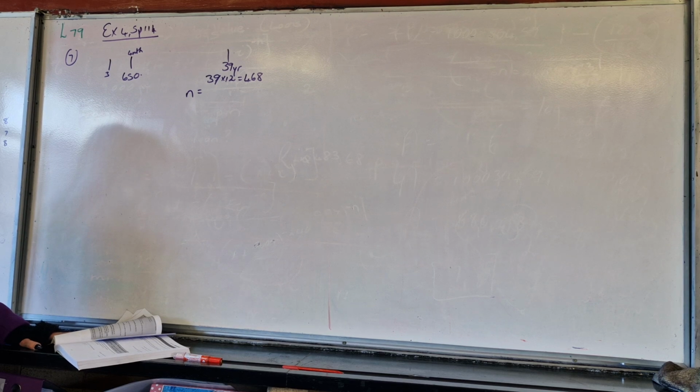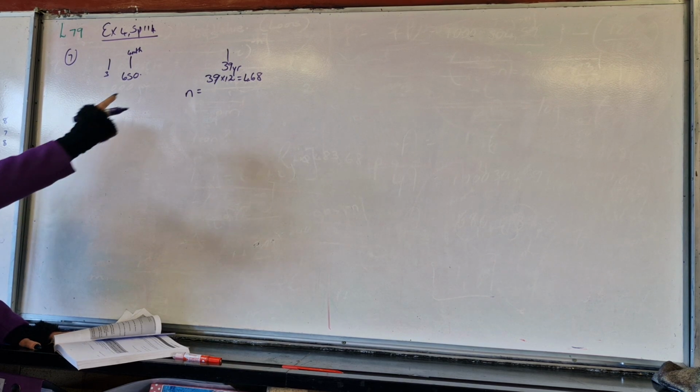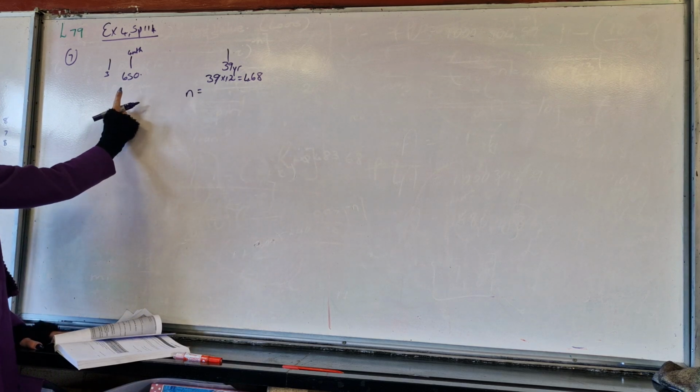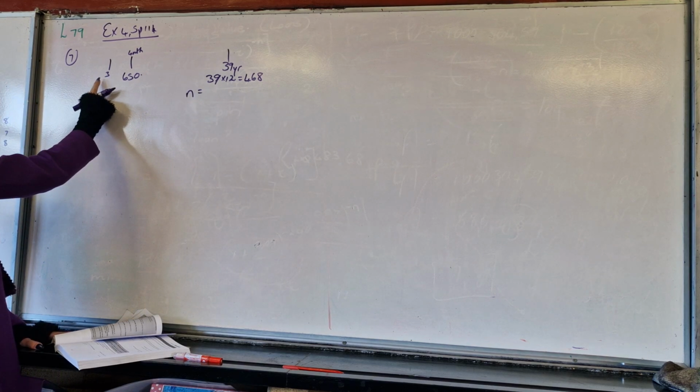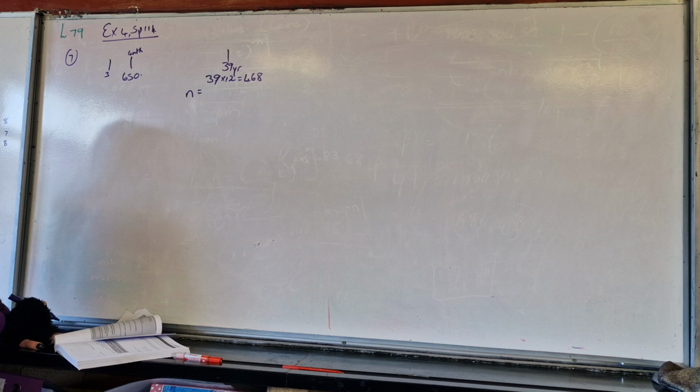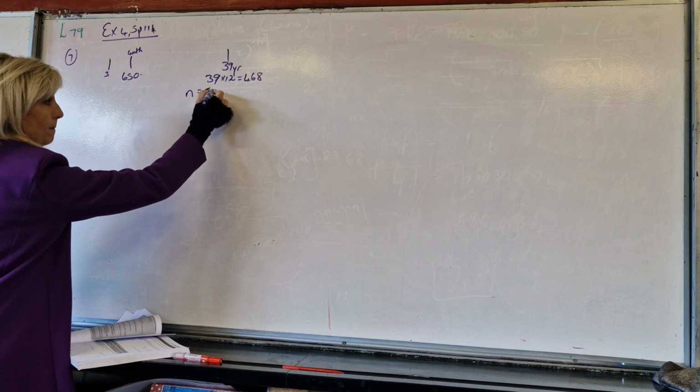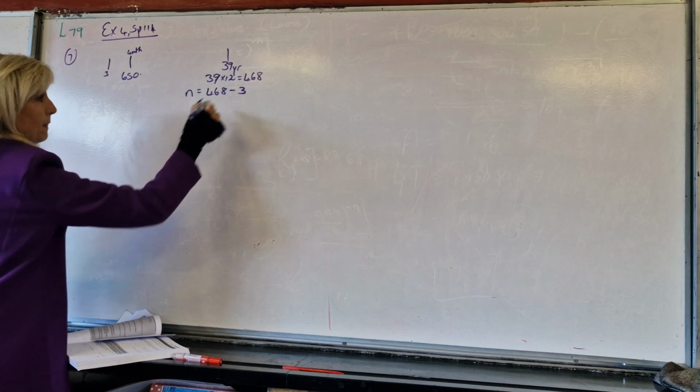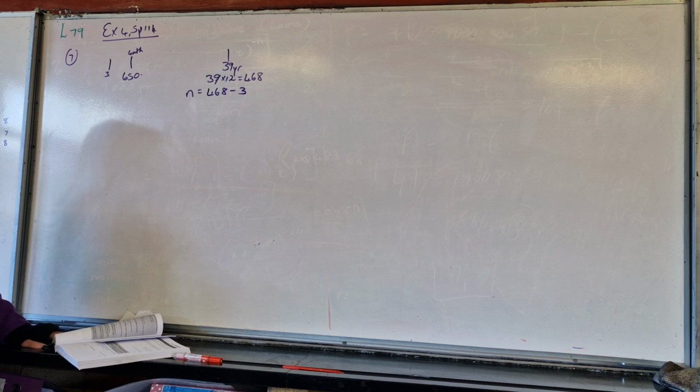You've got to say that it is 468 payments that you're going to make. Are you with me? Is it? No, it's not. It's 468 minus how many other payments? On the 3, on the 2, on the 1, minus 3. So you're in 465. Not minus 4, because lots of kids are going to say minus 4, because I only start paying on the 4th month, but you do pay on the 4th.